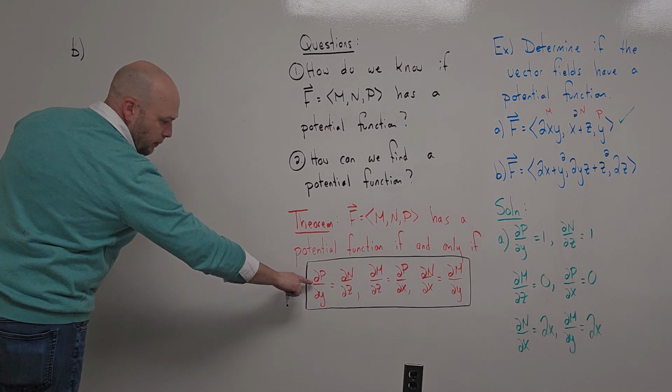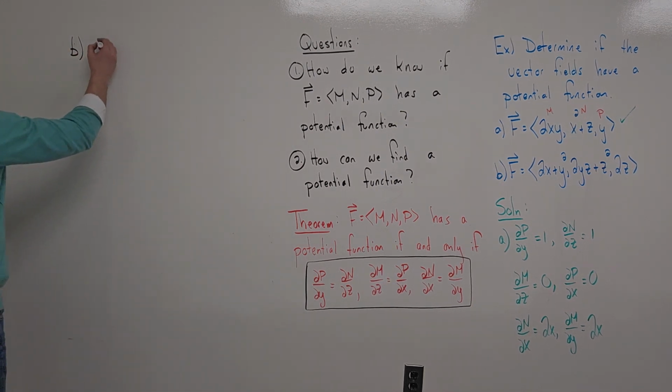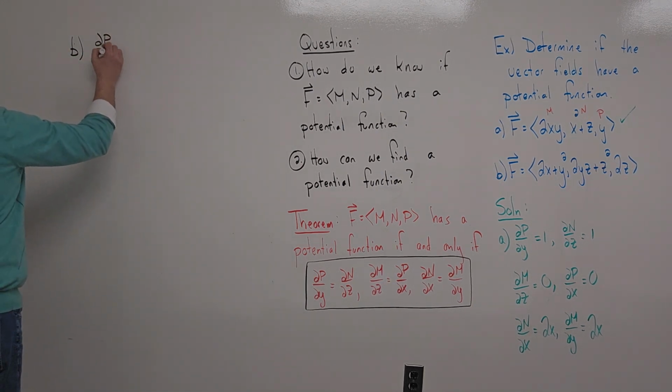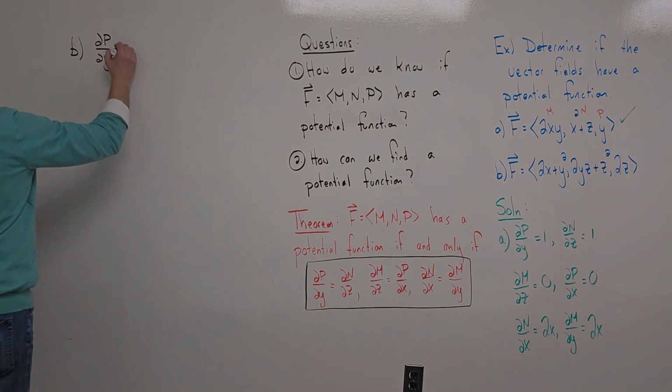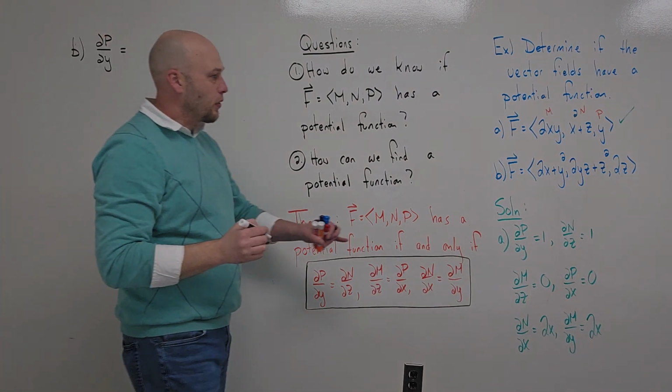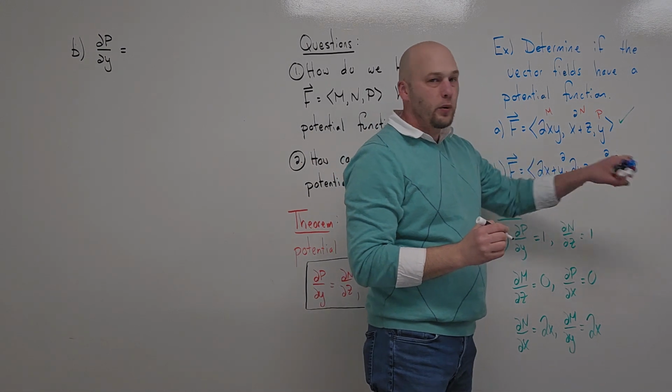The condition says take the partial derivative of P with respect to y. P is the third component, partial with respect to y would be 0.